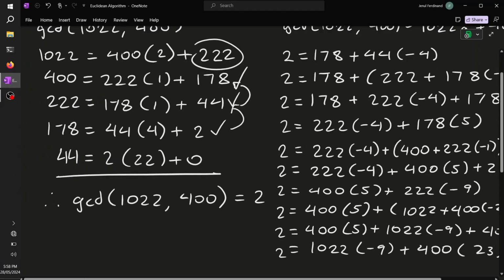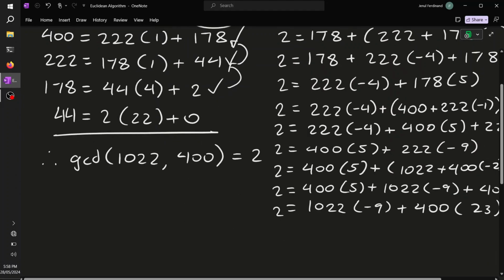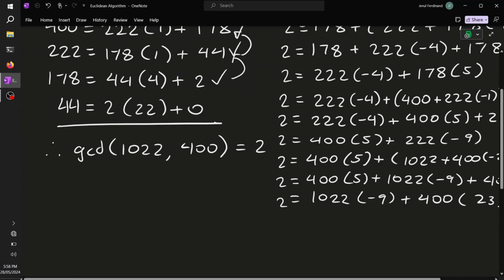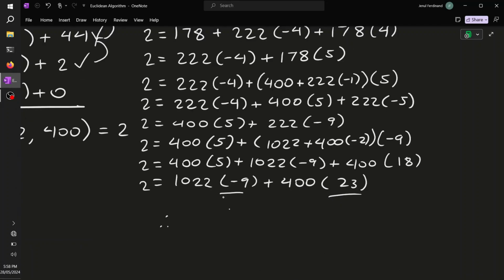So we're done now. We reached the top. So that's what the extended Euclidean algorithm is. We work our way back up and we figure out what the terms are being multiplied by. So we got this form now, and we know that A and B are negative 9 and 23.